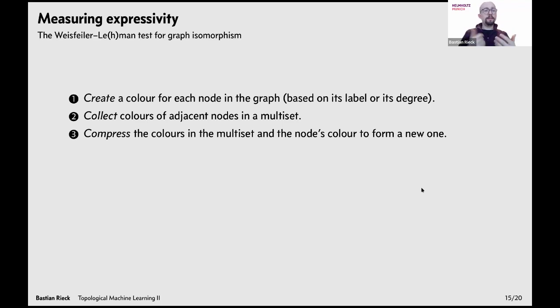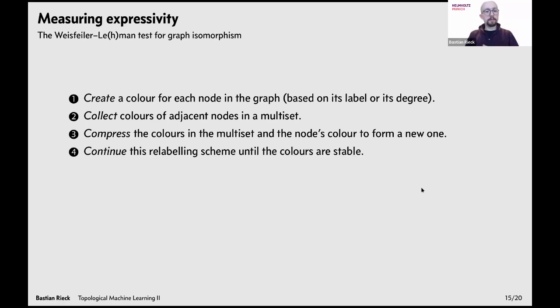In different terms, you could say that we're looking for a so-called perfect hashing function. So it's about hashing nodes and node neighborhoods. And the nice thing is, once you have done this, you're exactly where you started, but with different colors, which means that you can continue this relabeling scheme. And the great insight by both the authors of this paper is that this relabeling scheme actually is bound to converge after a finite number of steps.